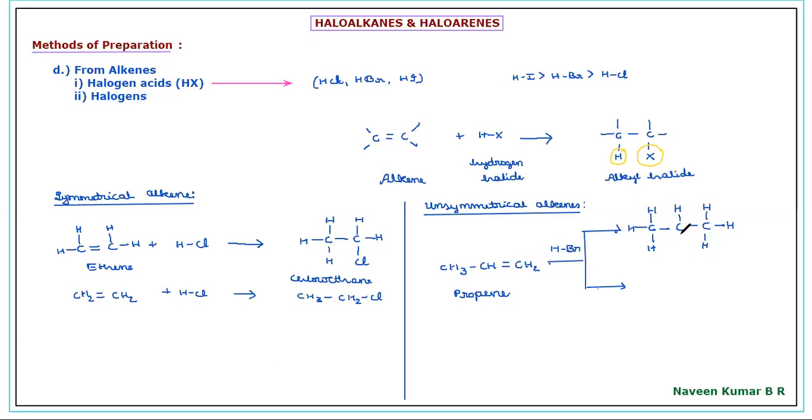You can observe carefully. Now if we observe here, this can be written as CH3-CHBr-CH3, where X we will consider as Br. So that is the halogen. Here I have mentioned X, so we'll consider that X as Br.